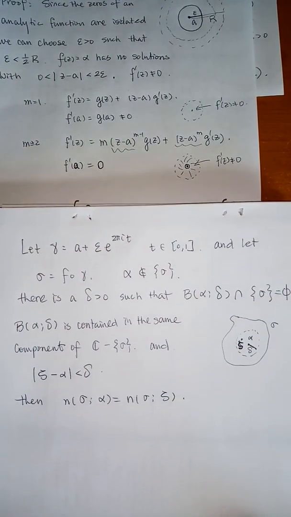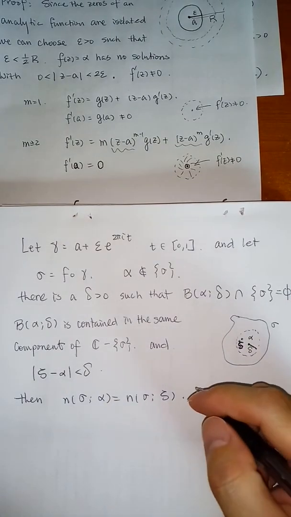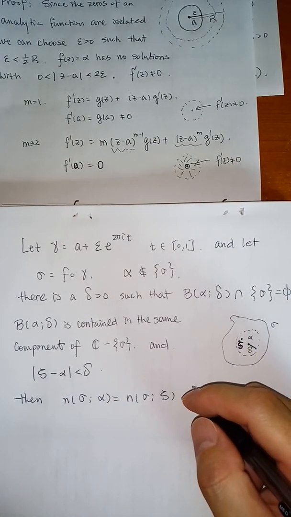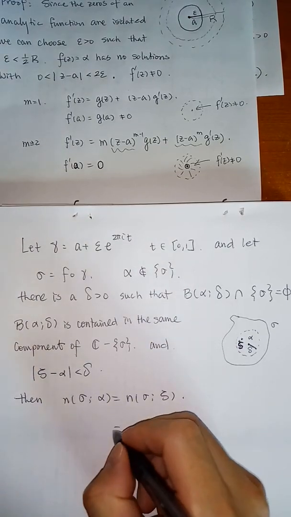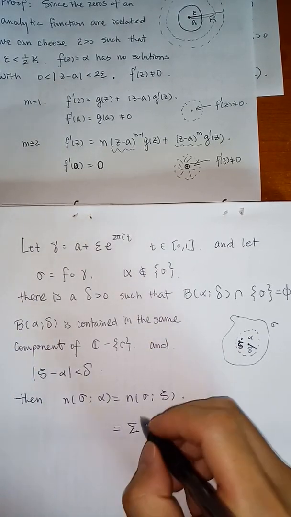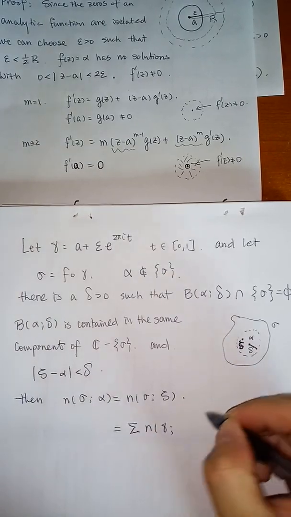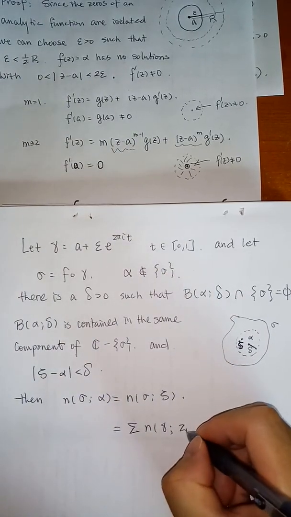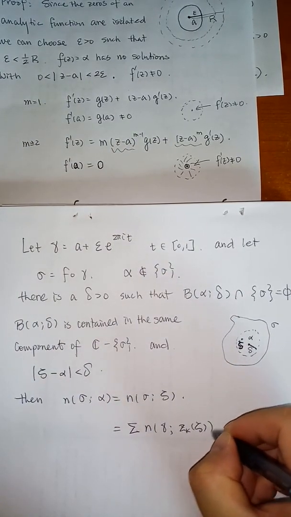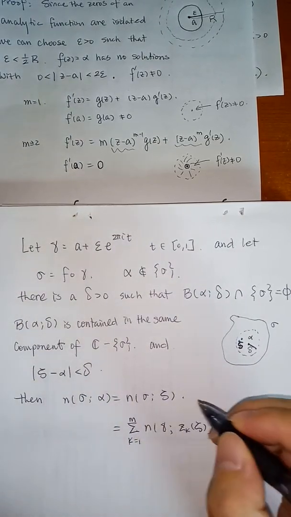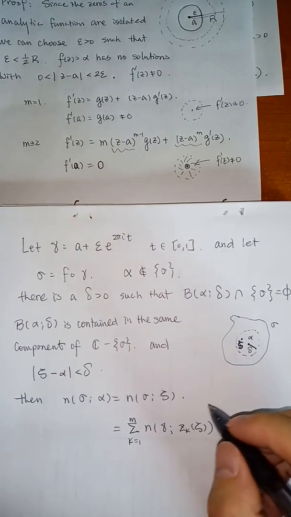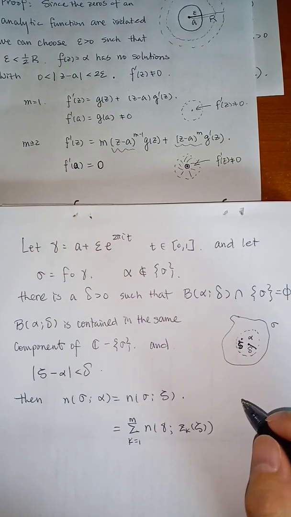They have the same winding number. And then it is equal to the winding number with respect to the solutions of eta.